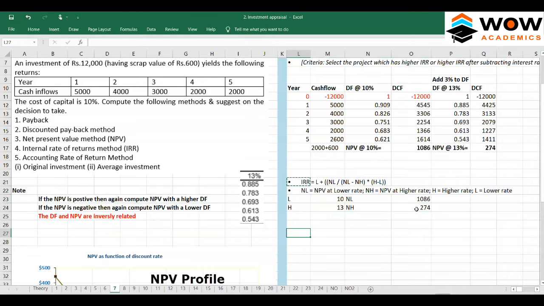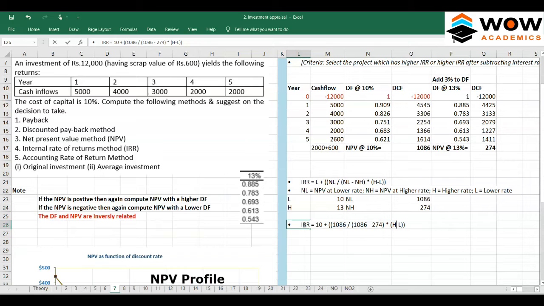So we just have to get our formula here. We can then start with the multiplication and stuff. So we'll remove the numbers. L refers to what? 10. NL refers to what? 1086. NH refers to what? 274.